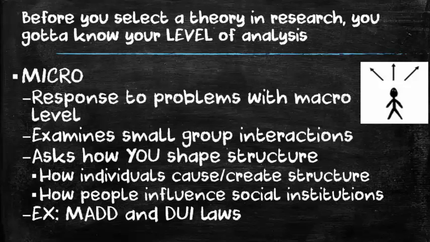Or are you looking at collecting data from a very small group of people in the hopes of figuring out whatever that group is doing, how they're interacting, is pushing back against the structure in an attempt to change it? That's the very first thing you have to know when you decide to do sociological research. First off, your level of analysis.